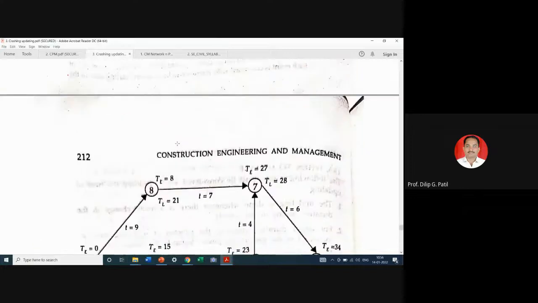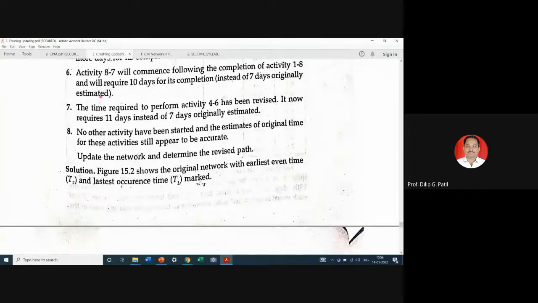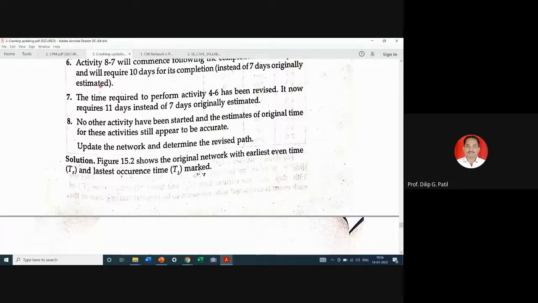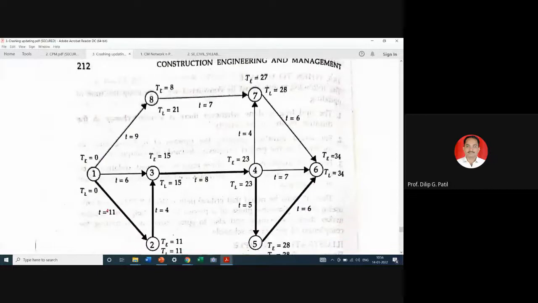Okay, so accordingly they have mentioned that update the network and determine revised path, and some more questions are to be asked with respect to what is new critical path, what is new project duration, what is change in project duration.